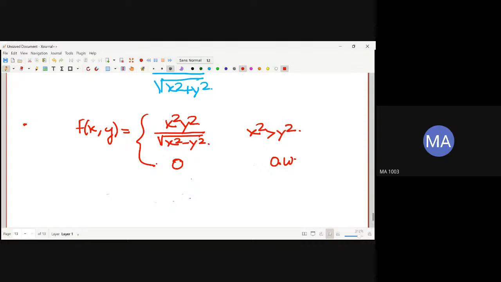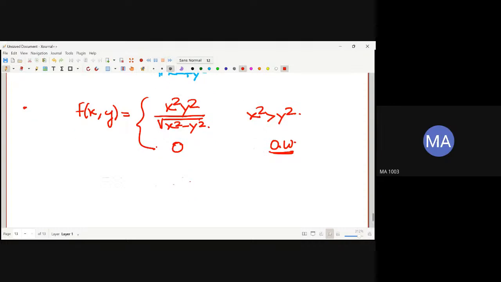X square is greater than y square; can I get a path where x square is less than or equal to y square?